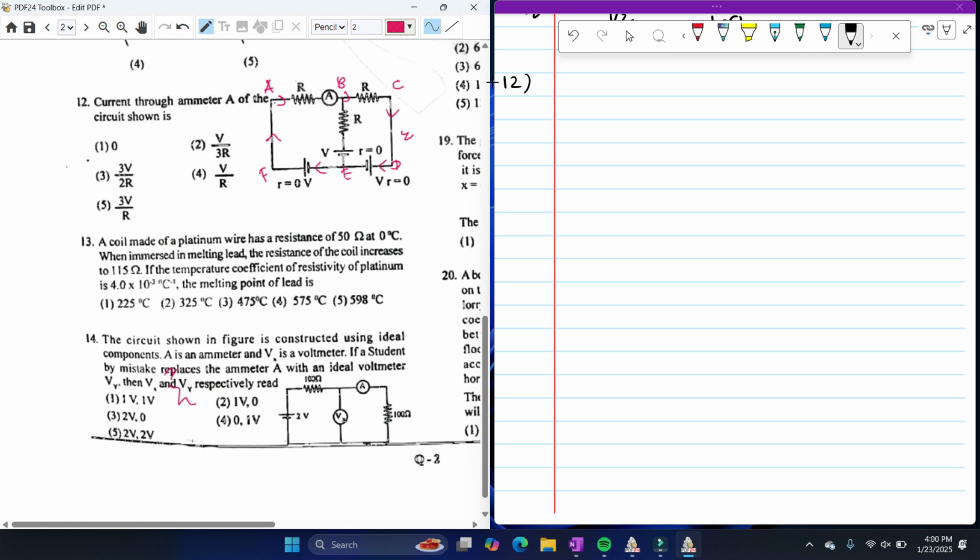So first let's consider the A, B, E, F, A route.